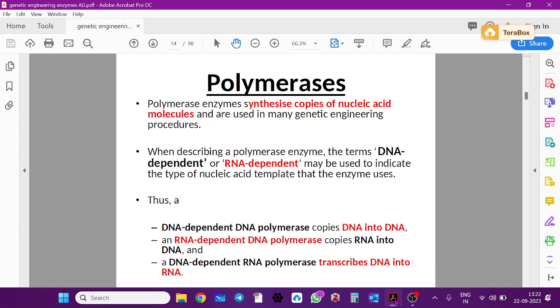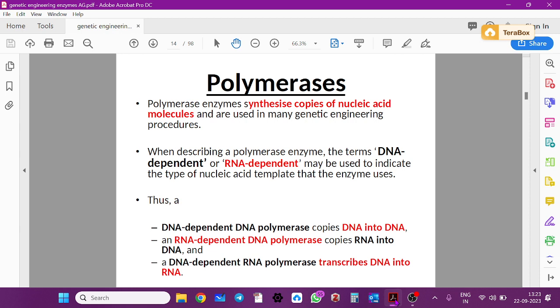It depends on whether these polymerases use DNA or RNA as template. One single DNA or RNA strand is required as template.